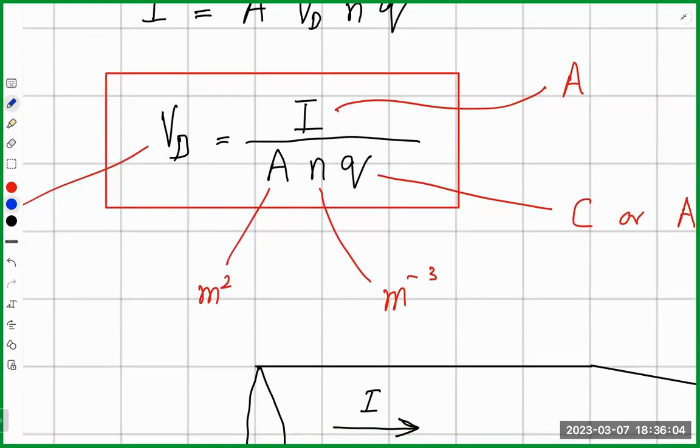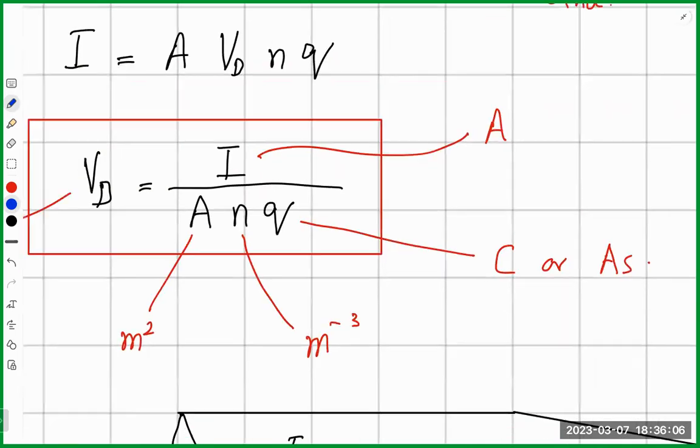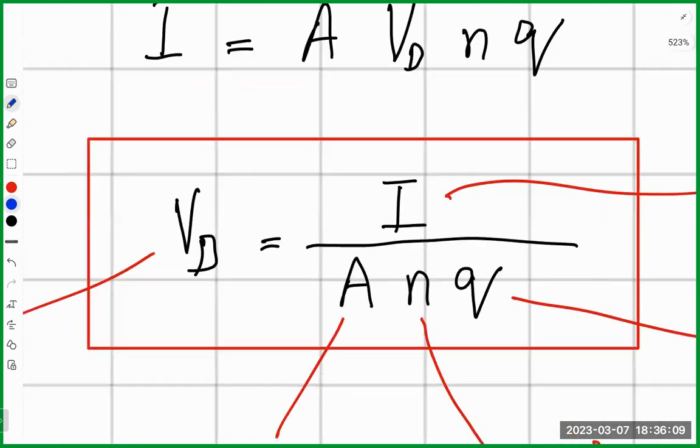Now, this means that if there is a smaller area, there will be more speed of the charged particle. If there is a higher charge density, higher number density, the speed of electrons will be slow.